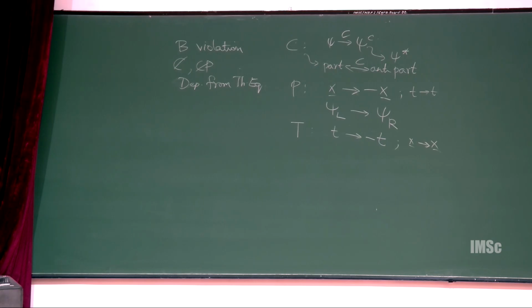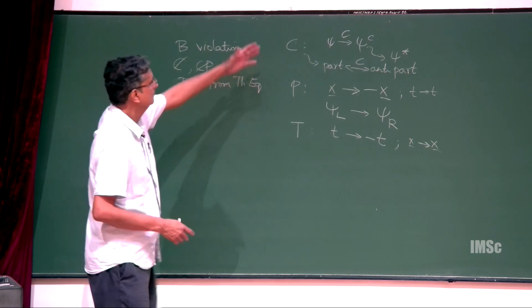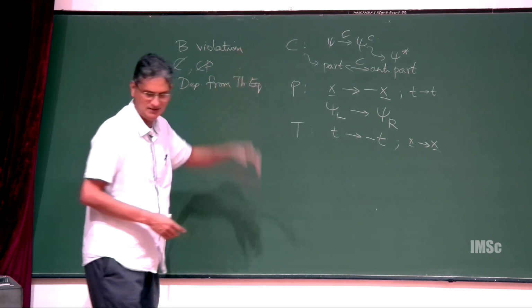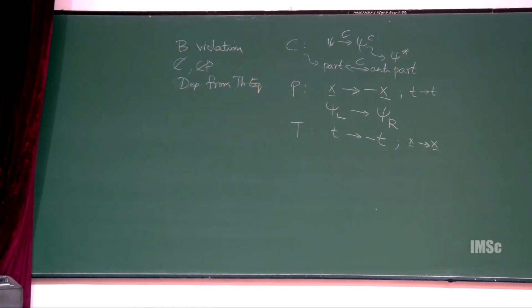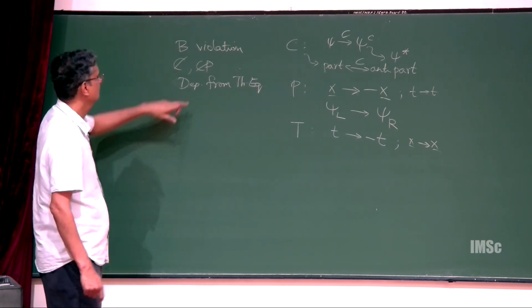Without doing any calculation you can make such statements, and therefore these are useful to keep track of. That is something I wanted to add to what I said last time, and also recap. We will see more about it as we go along.